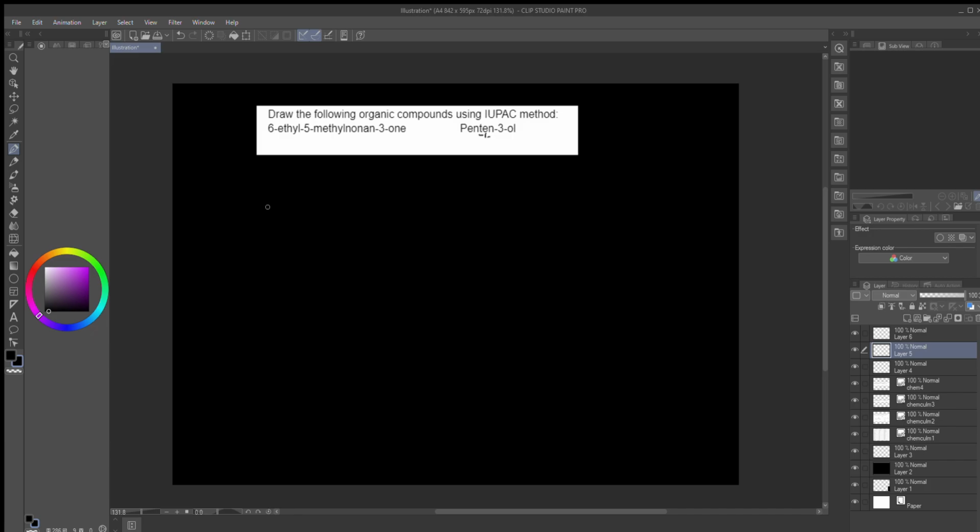And so let's actually, no, this does not make sense. It should be pent-2-en-ol, let's use 2 instead of 3 for this example. And so let's go over this one first.